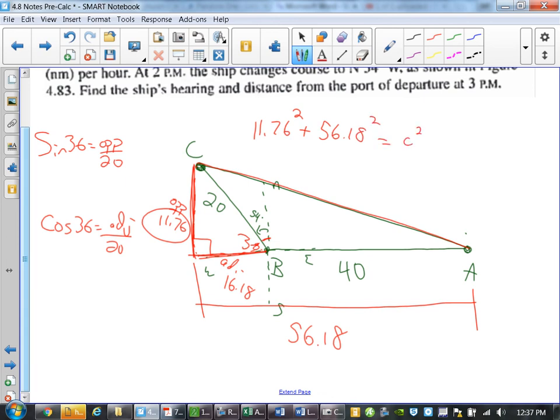So you add them together, take the square root, and that gives you your distance from port, about 57.4 nautical miles. That's how the bearing works. You're just creating right triangles out of it, and you're using SOHCAHTOA, okay?